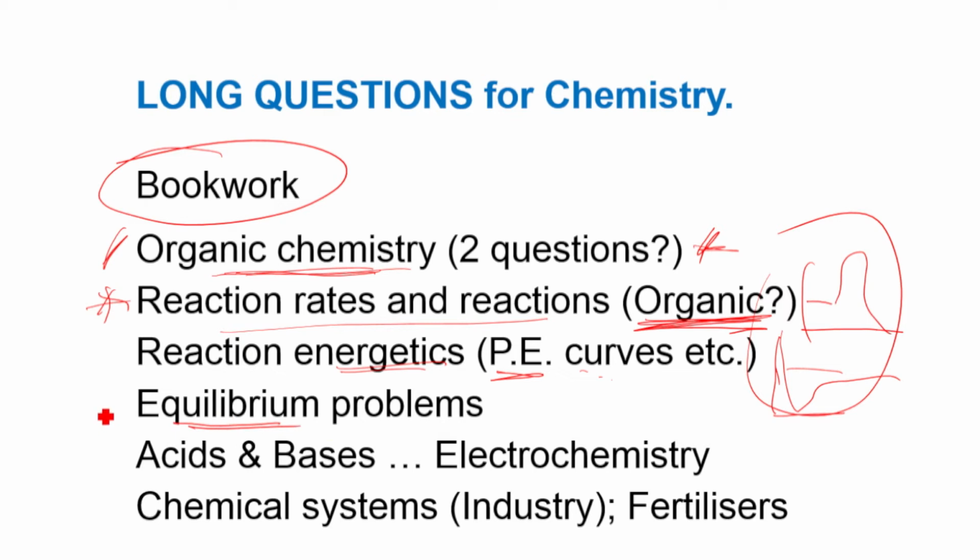Equilibrium and equilibrium problems, usually get those. Acids and bases, sometimes they're a whole question, sometimes they're not. Electrochemistry usually goes into more than one question because there's a bit of electrochemistry in the chemical systems and industrial applications, electrolytic refining of metals and so on. And then it's become quite common to get a fertilizer question.